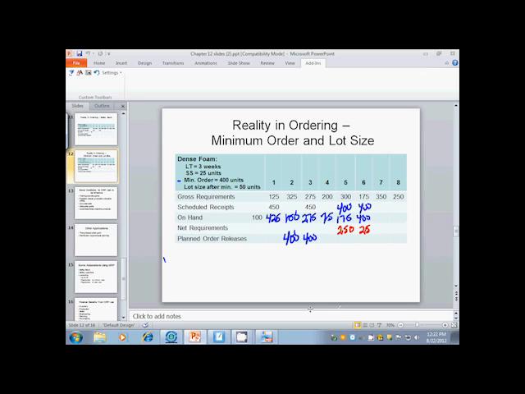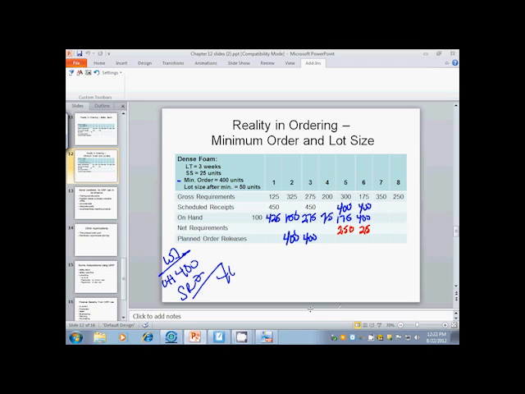Moving on to week 7. We had on hand at the end of week 6, 400 units. Let's erase that and write that over again. I apologize. So at the end of week 6, we have on hand 400 units. We don't have any scheduled receipts at this time.